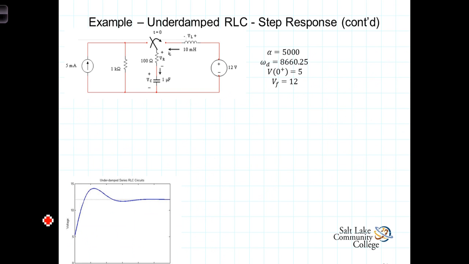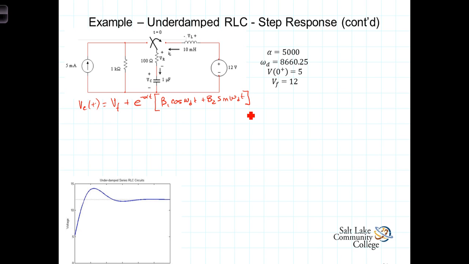With the initial and final conditions, and also knowing what alpha and omega sub d are, we're now ready to write the solution. Because the circuit is underdamped, we know that the voltage across the capacitor, V sub C as a function of time, is going to equal the final value of the voltage plus e to the minus alpha t times b1 cosine of omega sub d t plus b2 sine of omega sub d t.